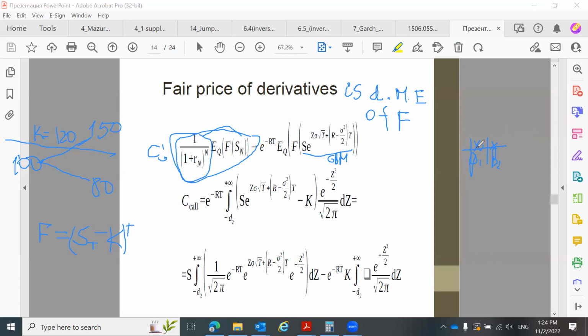But if x is a continuous random variable, the mathematical expectation is the integral of x multiplied by p, but in the continuous case, it is x multiplied by the probability function.